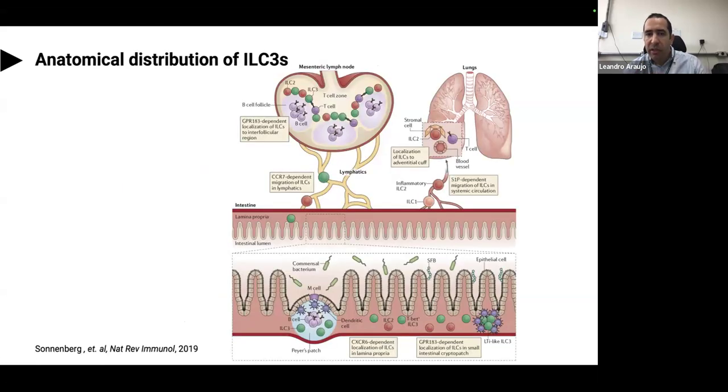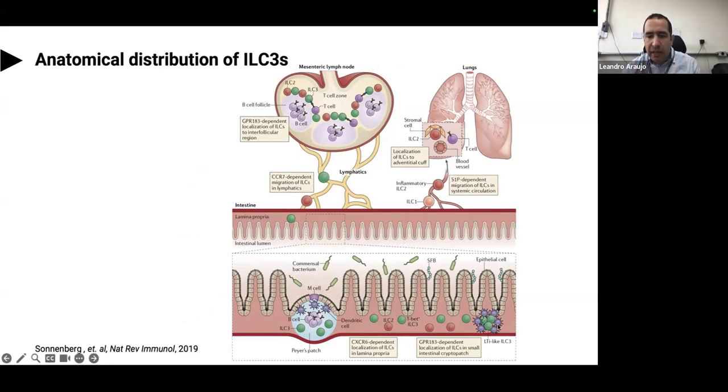These cells are very important for barrier function, and they reside in the lymph nodes too, and the Peyer's patch, but mainly in the gut. They can reside in the Peyer's patch, they can live in lymphoid tissues like the mesenteric lymph nodes, but they mainly locate in the lamina propria.